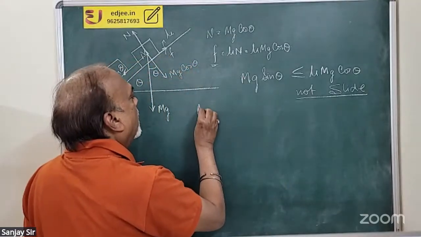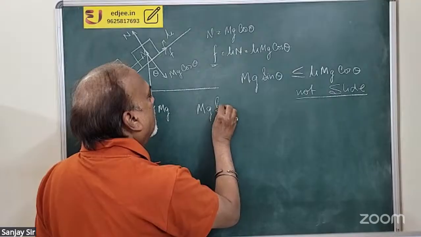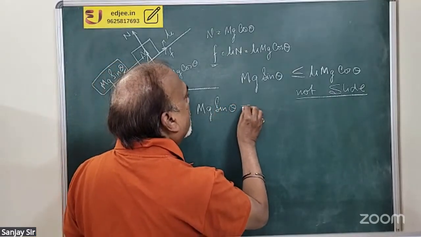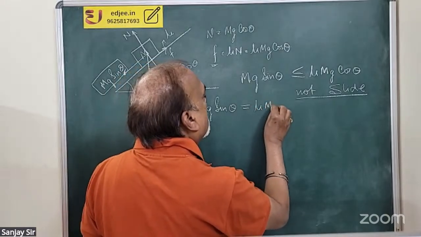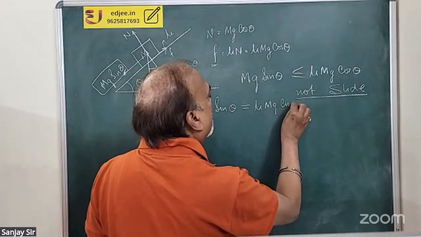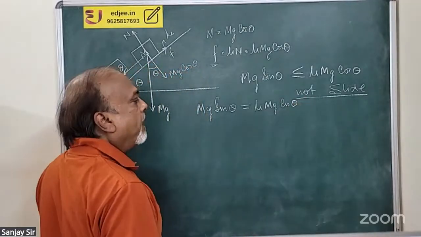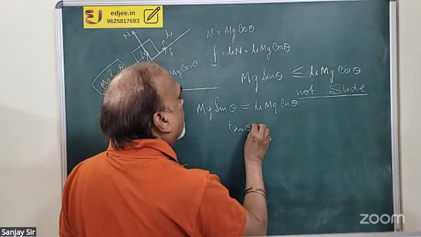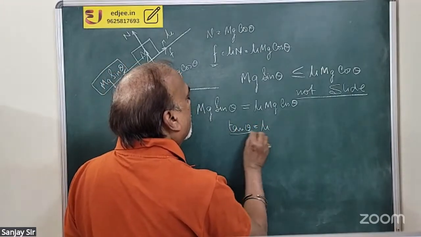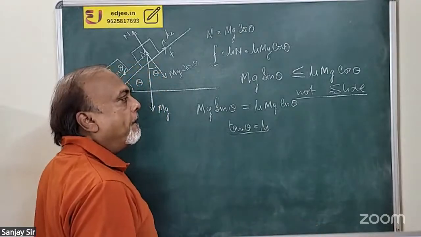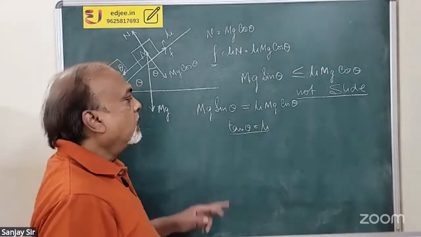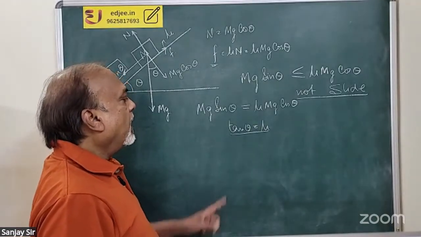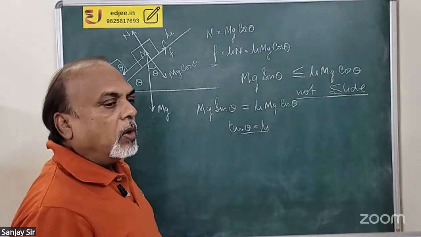Now, let us take the limiting condition when the downward force along the plane is equal to the friction force. If you solve this, then tan theta will be equal to mu.